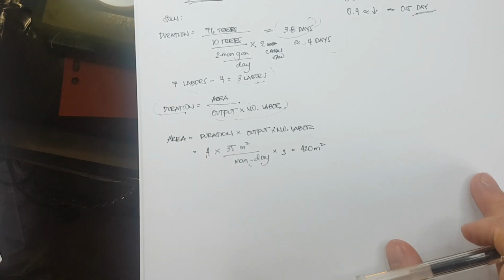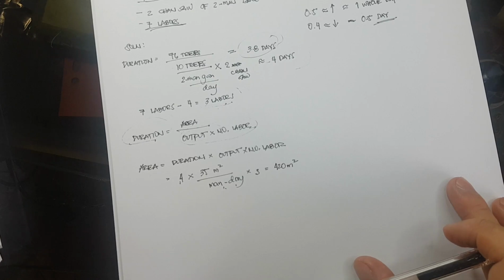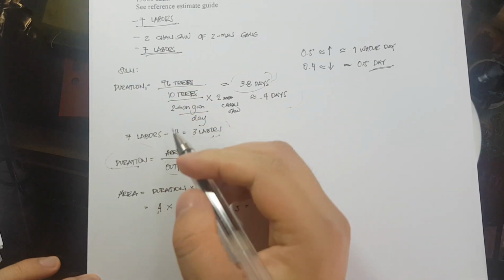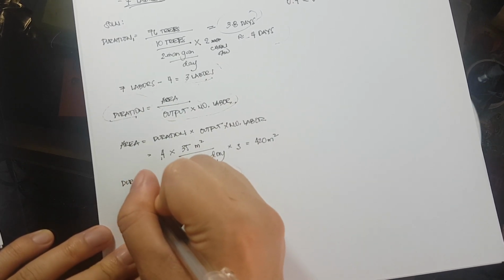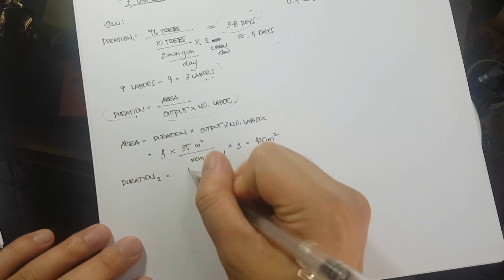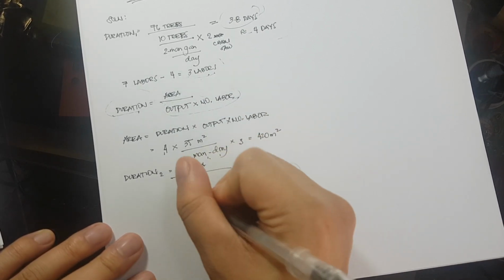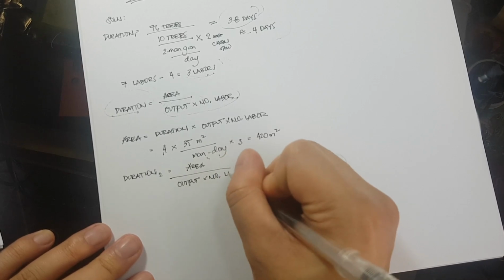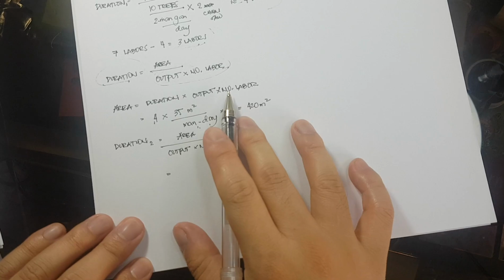Okay? Now, to solve for the remaining duration, let's say this is duration 1, then we have here duration 2. Okay, so duration 2 is equivalent to the area divided by output times number of labor. Okay, so for the duration 2, ano yung total area natin?